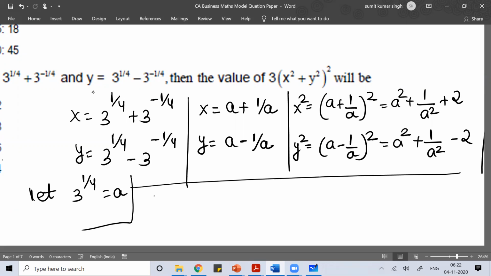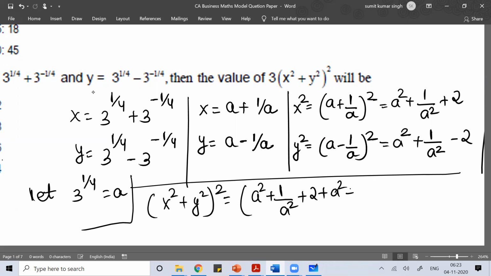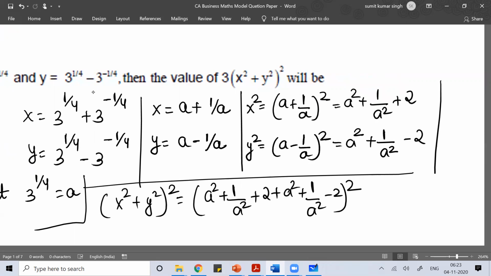Now if I ask you what is x square plus y square whole square, this is a square plus 1 by a square plus 2 plus a square plus 1 by a square minus 2, whole square. The 2s get cancelled. So you can write 2a square plus 2 by a square, whole square.